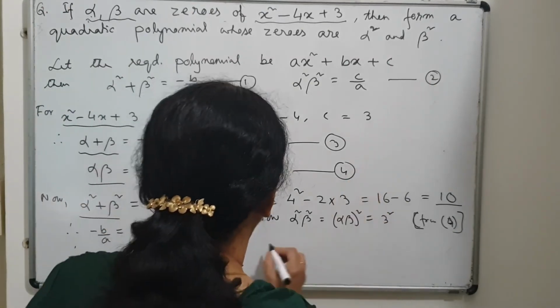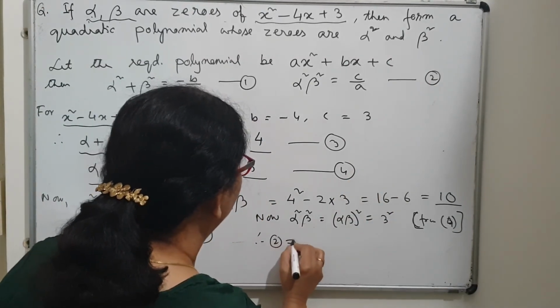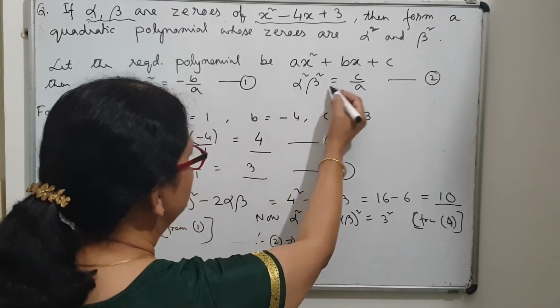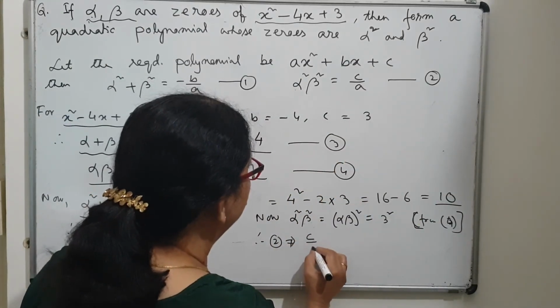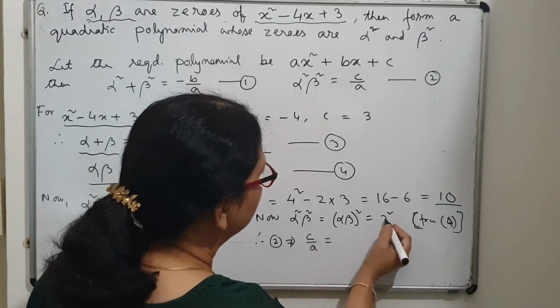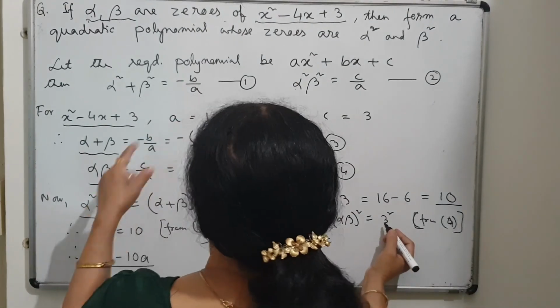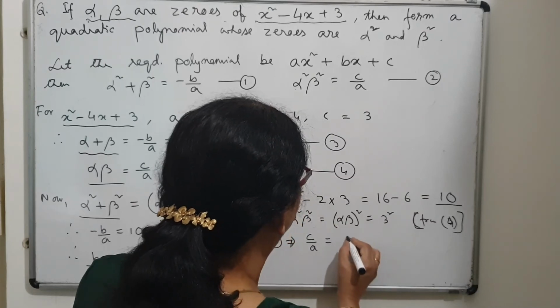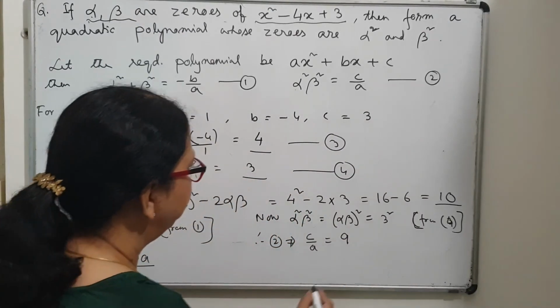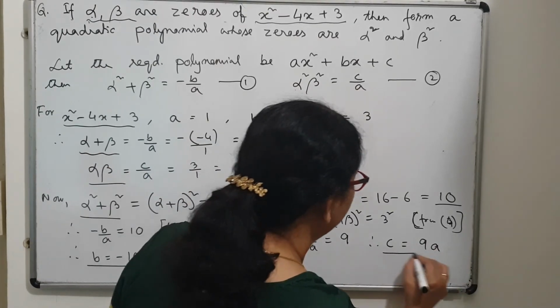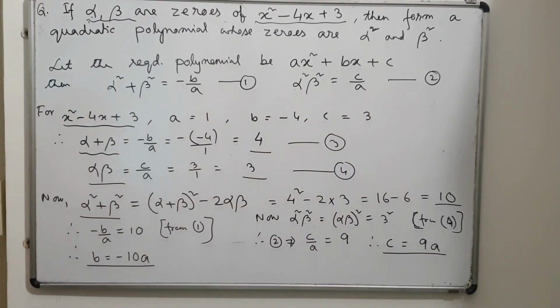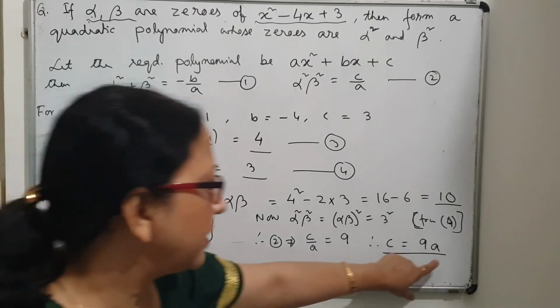So from equation 2, alpha square beta square is c by a. So I write c by a is equal to 9. Therefore c is equal to 9. So I get these two relations: b is minus 10a and c is 9a.